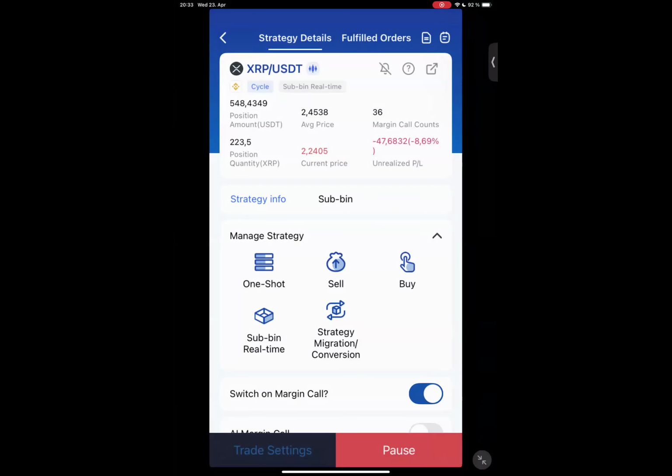Okay. So if I decide to sell this coin at a loss, it means I'm going to lose negative 8.75 out of my 548. If you want to calculate negative 8 of 548, you get 47.